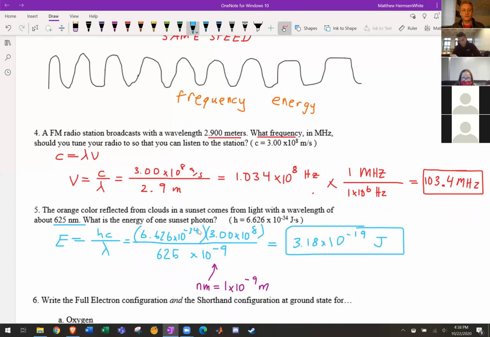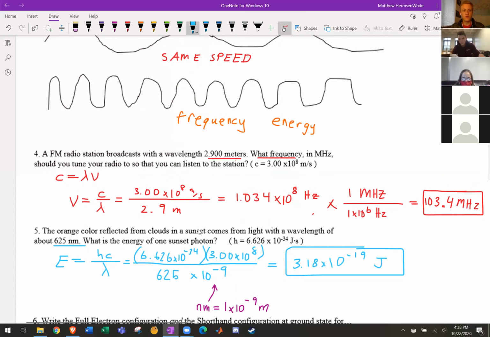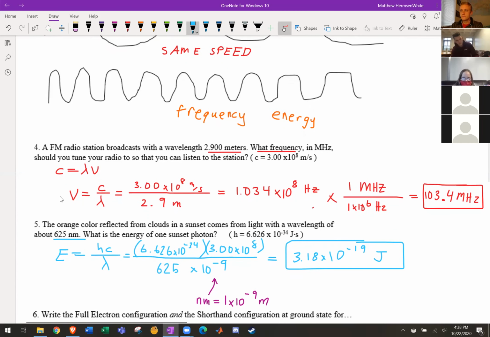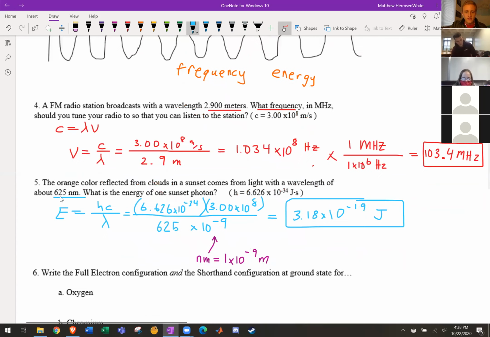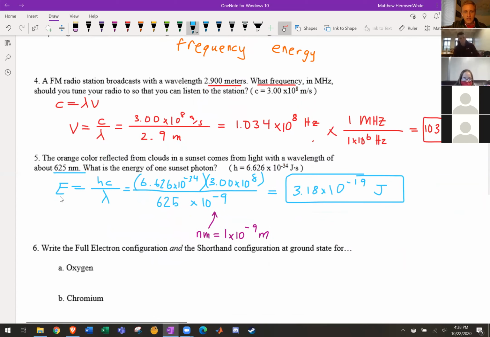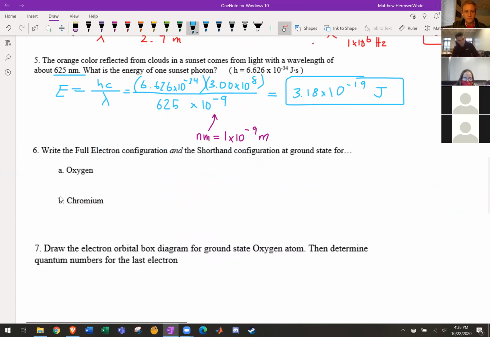What questions do you have on questions 3, 4, and 5? All right, so in that case, if you don't get this, I'll post the answer key as well, along with the other worksheets.